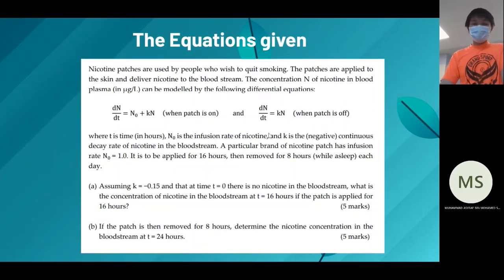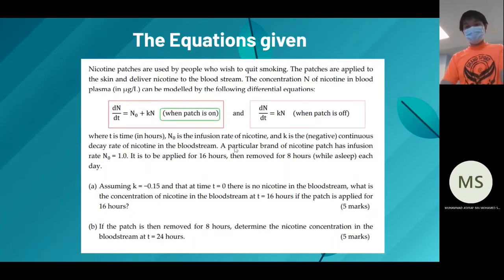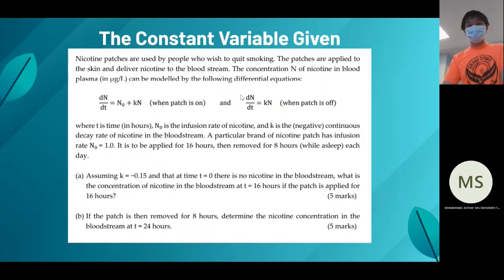The equations given in the question are dN over dt equals N naught plus Kn for when the patch is on, and dN over dt equals Kn for when the patch is off. The constant given in the question is K equals negative 0.15.